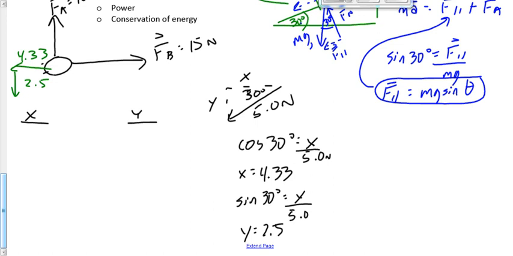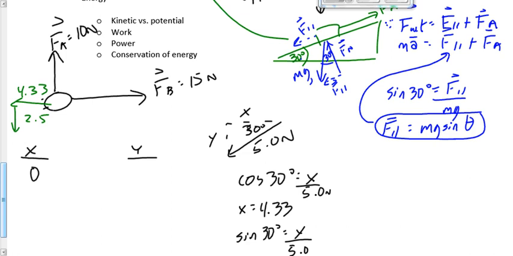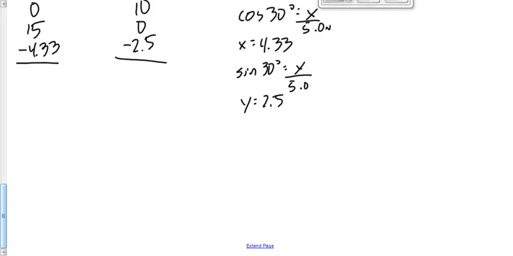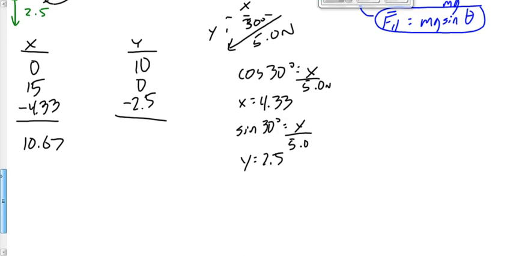We say the x component of the first one is 0, the y component is 10. The x component of the second one is 15, the y component is 0. The x component of the third one, negative 4.33, the y component, negative 2.5. Can we add those up? 15 plus negative 4.33 is 10.67. Negative 7.5, combine them.